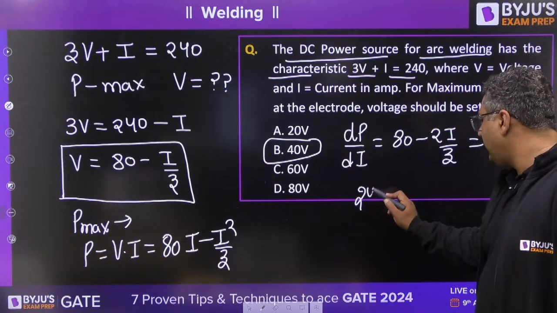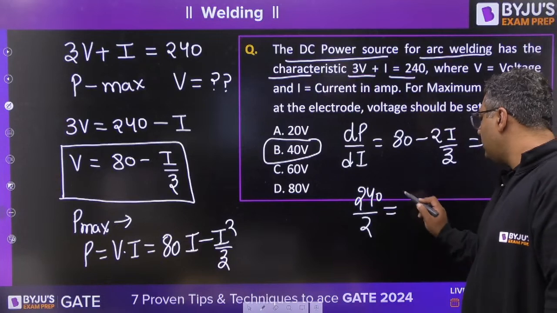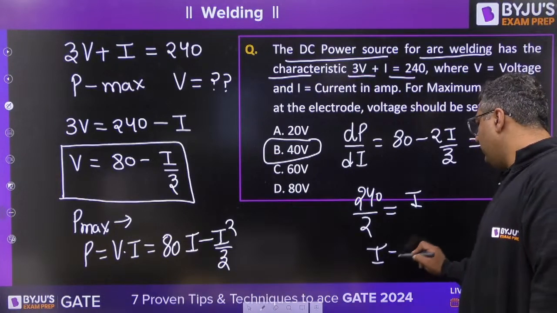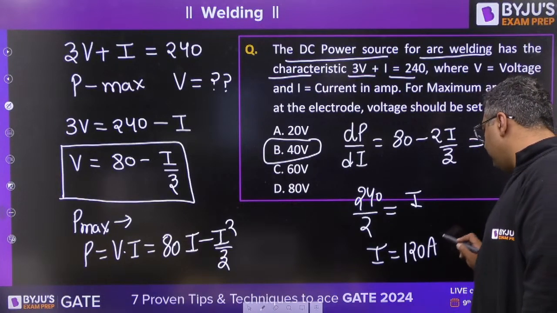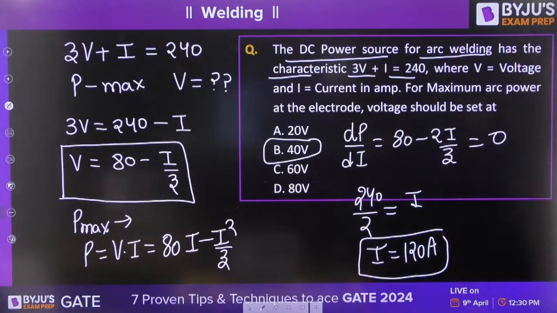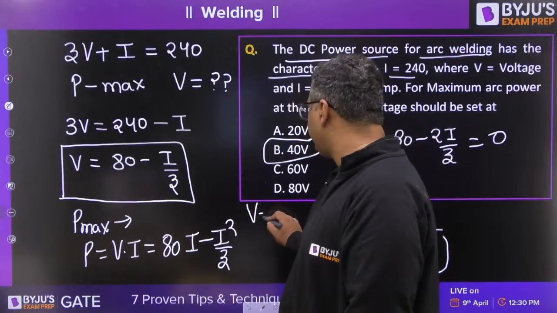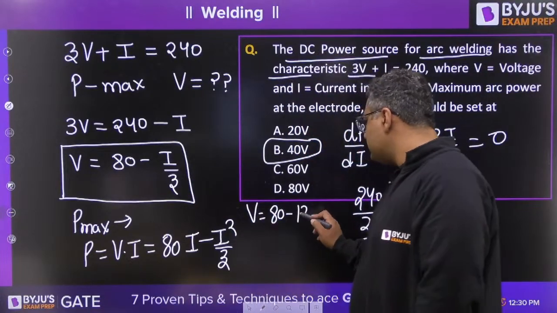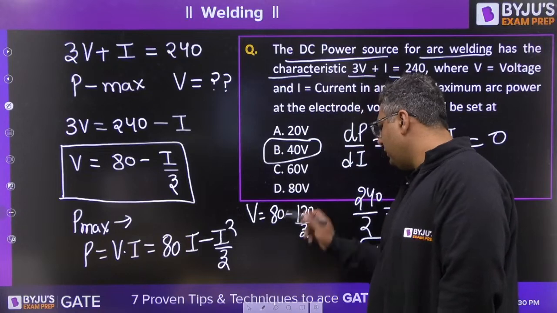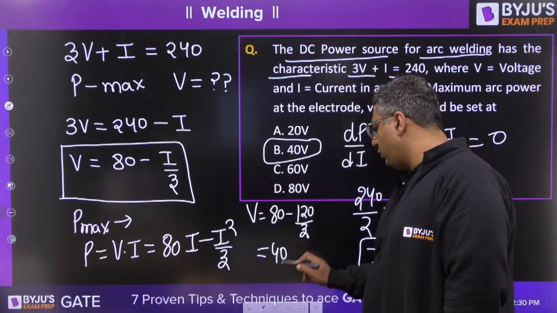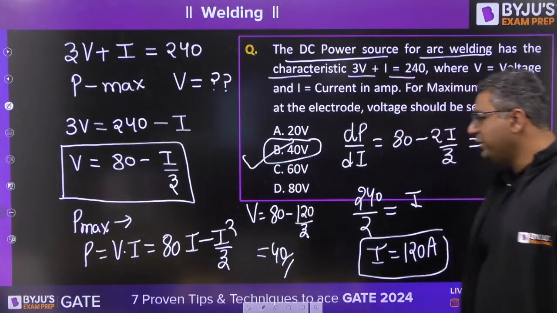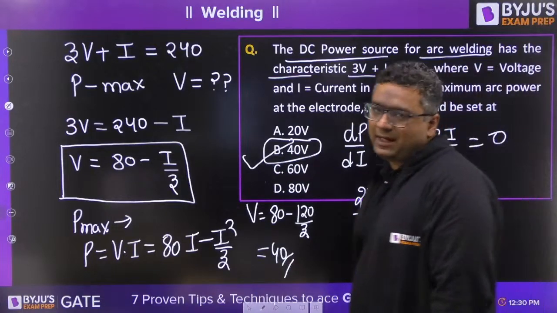So 240 by 2, I will come out to be 120 amperes. When I is 120 amperes, you put it here, 120 by 3. 80 minus 40 will be 40. So B is going to be the right answer, as Kiran has said.